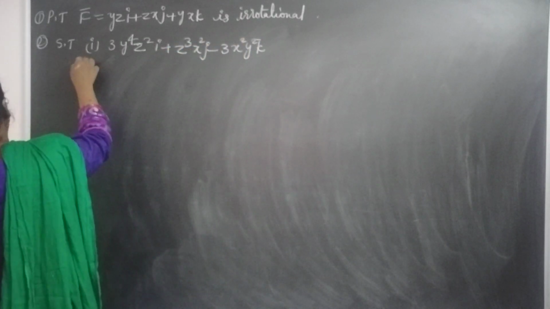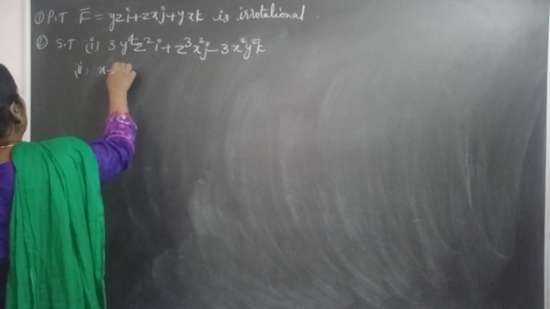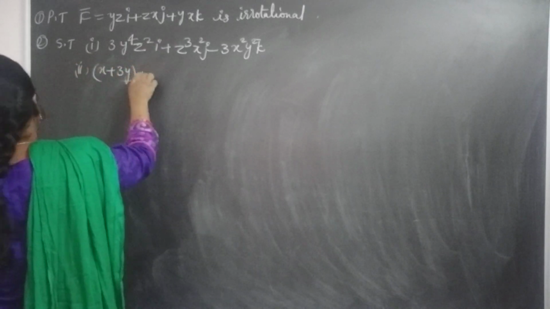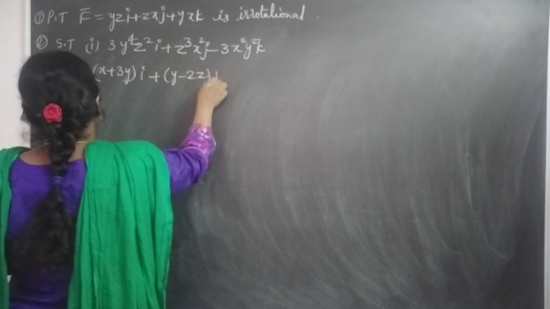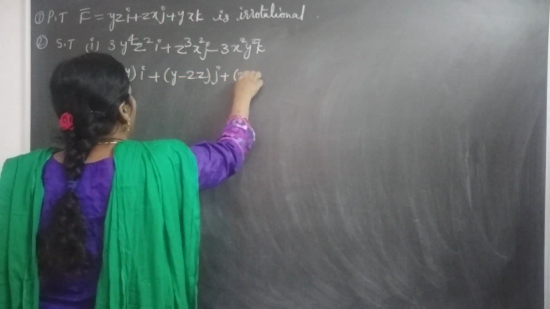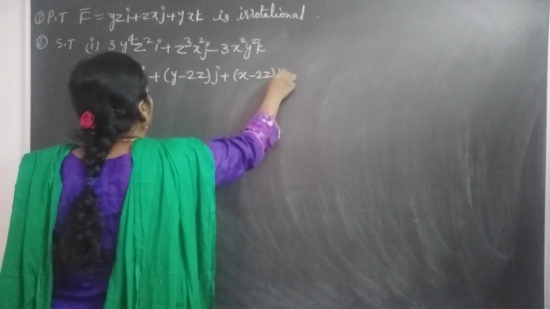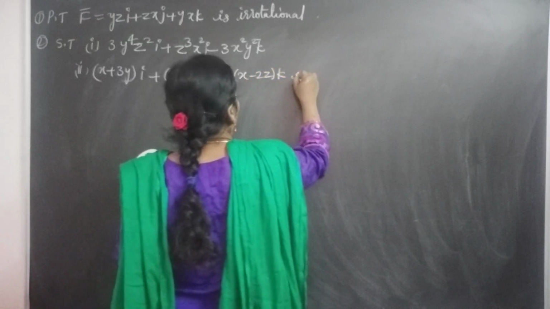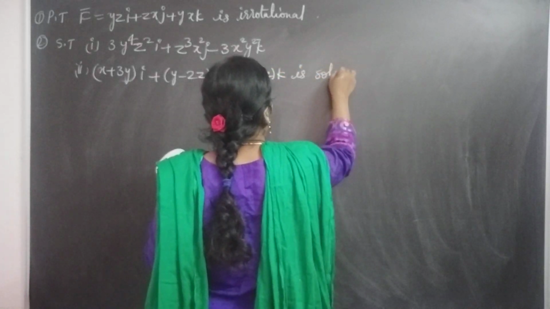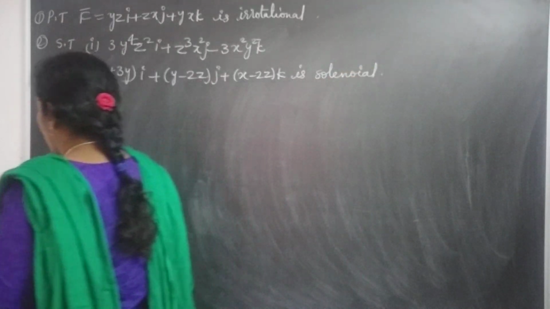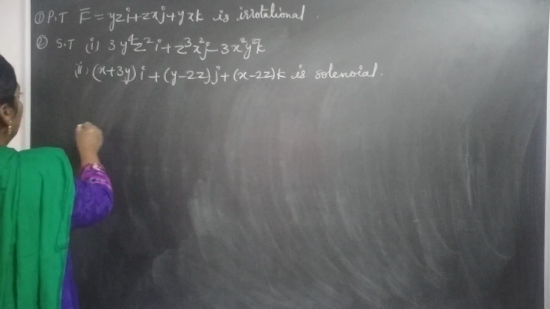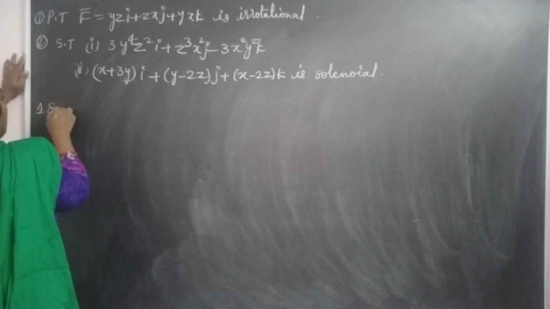Second one is: x plus 3y i plus y minus 2z j plus x minus 2z k is solenoidal. This is solenoidal.